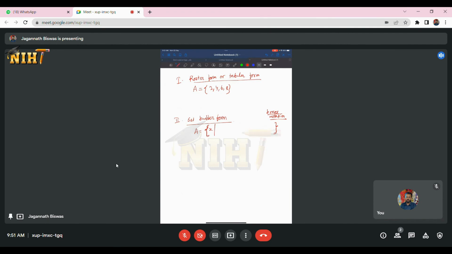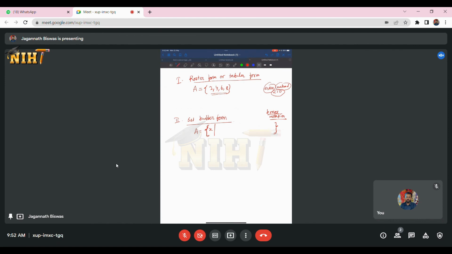Why will we write it as x? See, think of the elements of these sets, or think of the objects I want to write. I want to write even, natural number, and less than 10. So these 3 points you should think of in your mind.